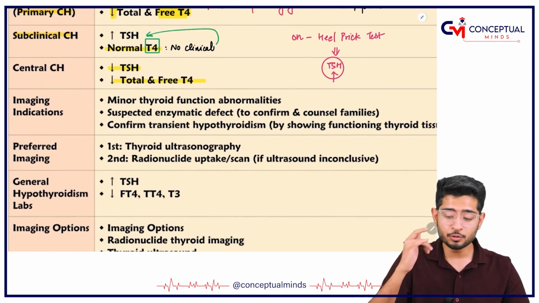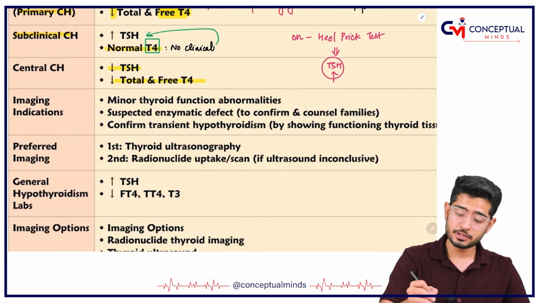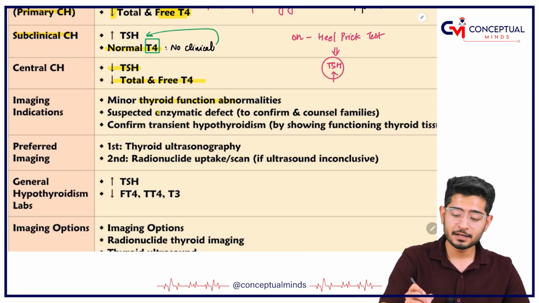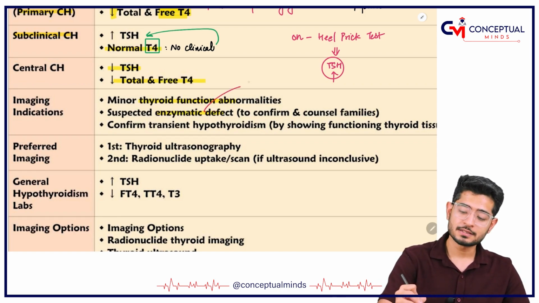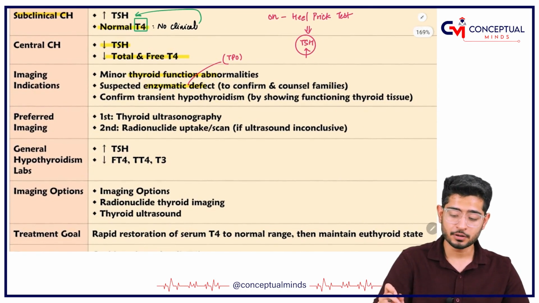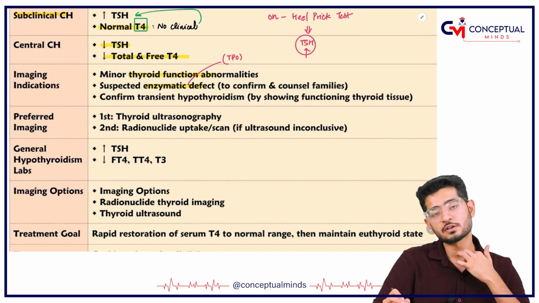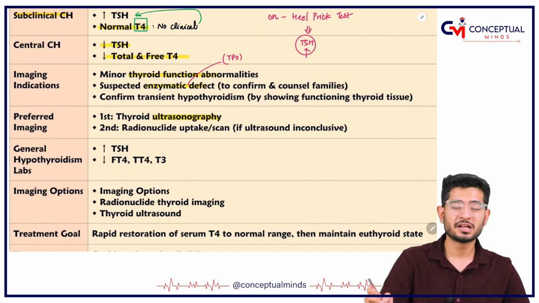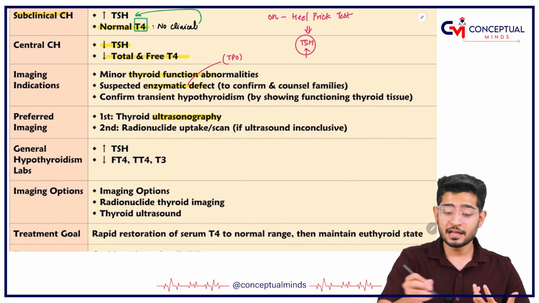So what we have to do is first of all check the thyroid function abnormalities. Enzymatic defects can also be checked, like sometimes the TPO enzyme, thyroid peroxidase, is defective, so this also is important. The first imaging in the case of hypothyroidism is ultrasound, in order to check if the thyroid is there or not.